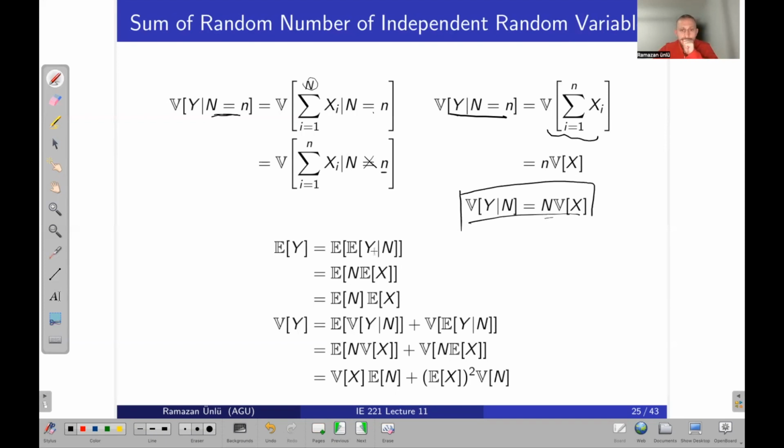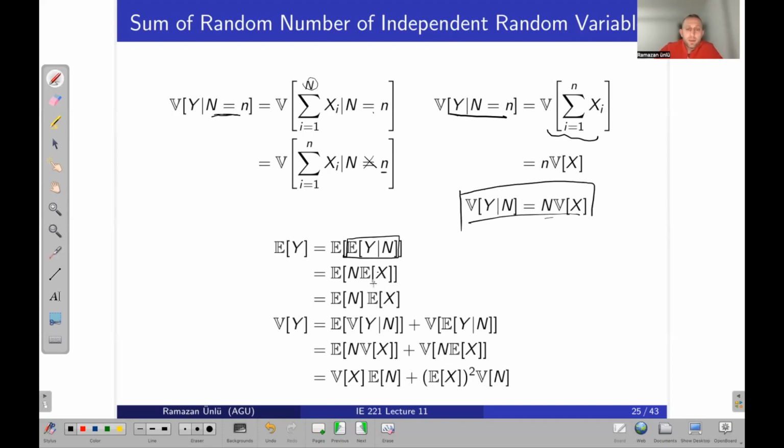So we know from Adam's law that the expected value of Y is equal to the expected value of the conditional expectation of Y, right? And we just calculated that one, which is equal to n times the expected value of X, right?